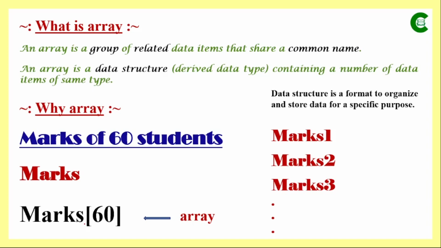So how will it be done? The declaration and initialization part I will be discussing in my future classes, where I will discuss it in more detail. When we change the subscript value, it is treated as a separate variable, though we are using the same name. Now in C, the subscript value starts from 0. So if we want to store the marks of 60 students, the subscript value will start from 0 and the final value will be 59.